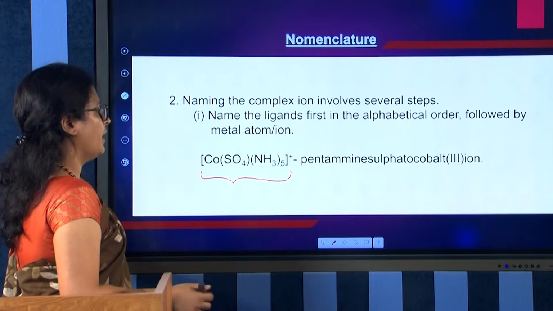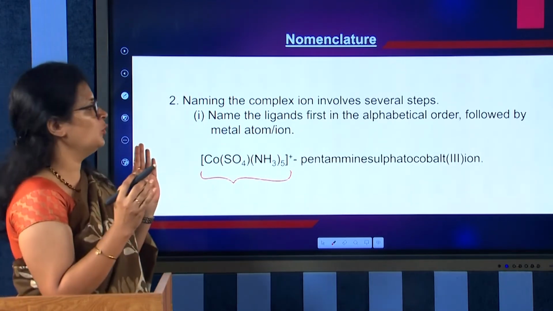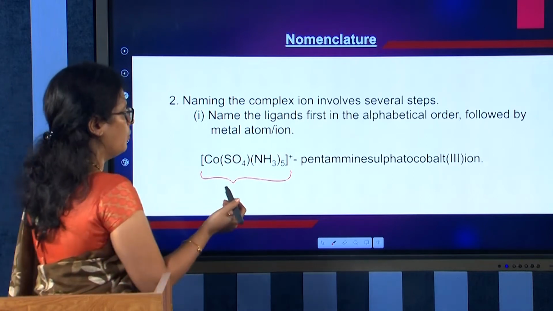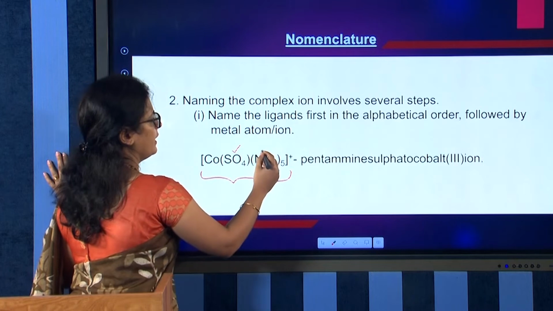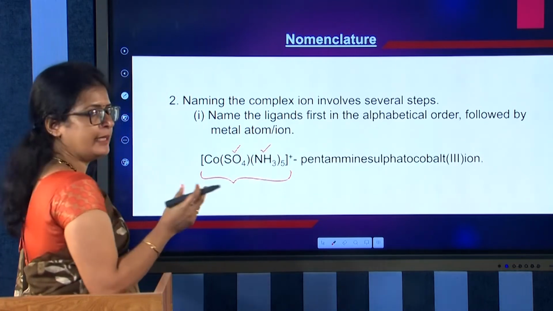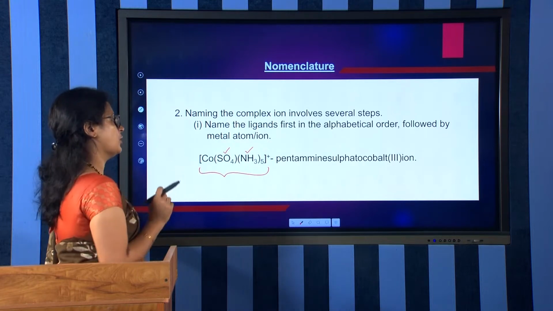While naming this complex, what is to be followed? First, we have to name the ligands. Which ligands are present? The sulfate ligand and the ammonia ligand are both present in the coordination sphere.